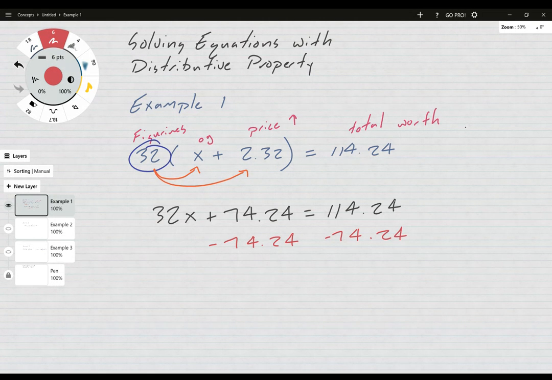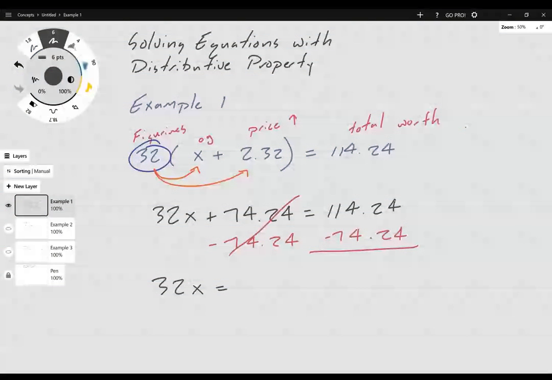A positive $74.24, subtract $74.24, that just equals 0. $114.24 subtract $74.24, that's going to give me a total of $40. So now I have 32x equals 40.